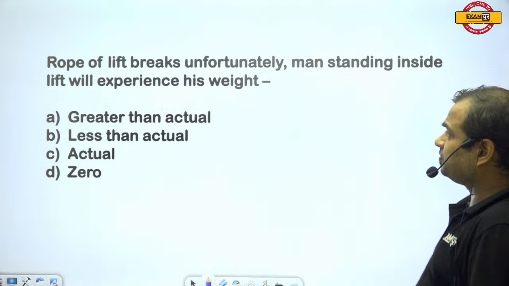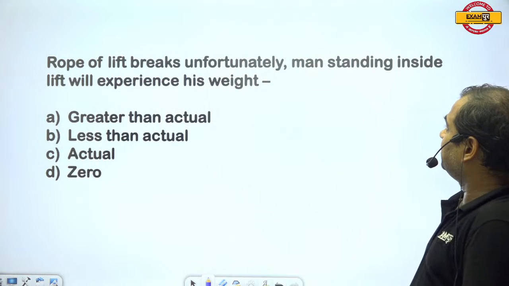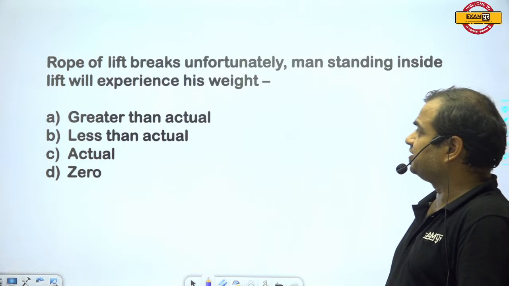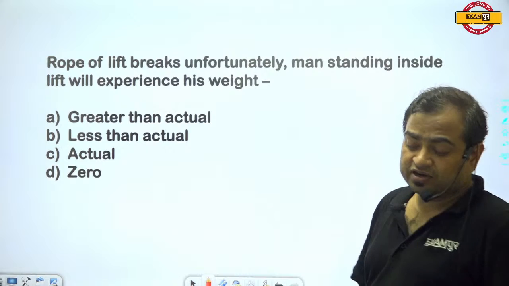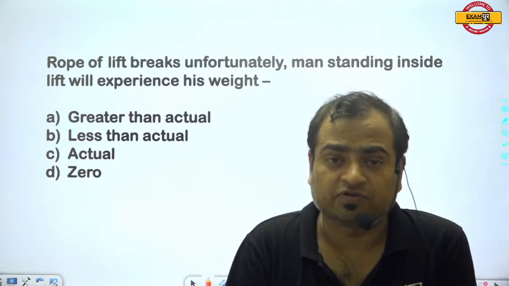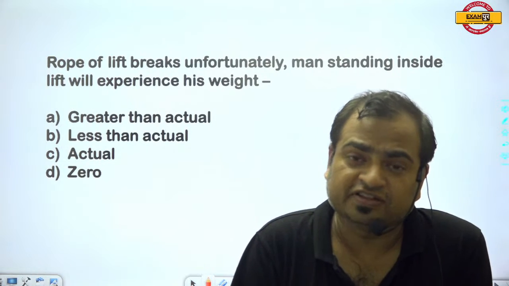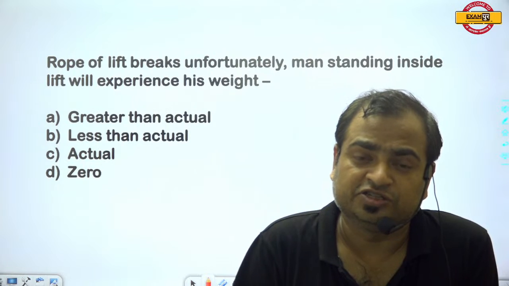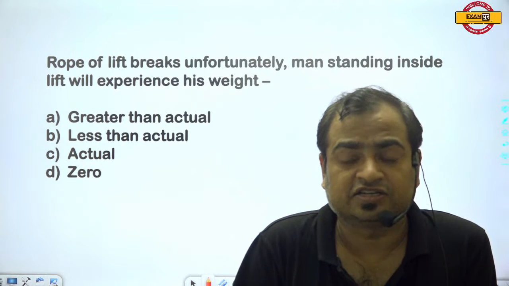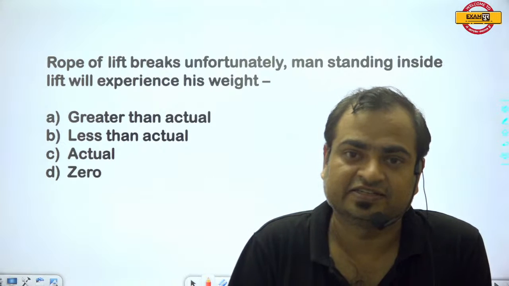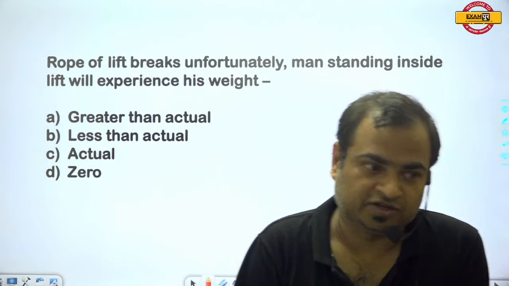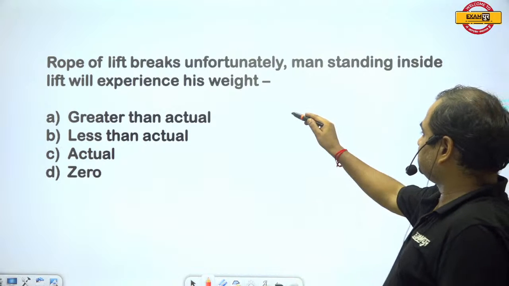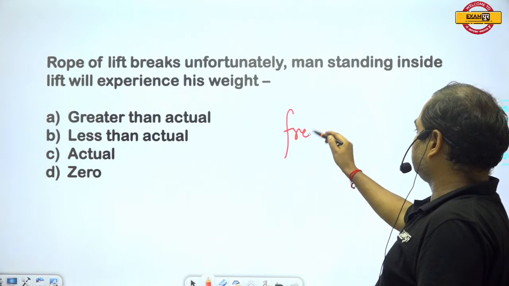Now, rope of lift breaks. Unfortunately, man standing inside lift will experience his weight equal to 0. When the lift starts falling freely, everything inside the lift will experience 0 weight, and this condition is known as weightlessness, and this situation is known as free falling. This is a case of free fall.